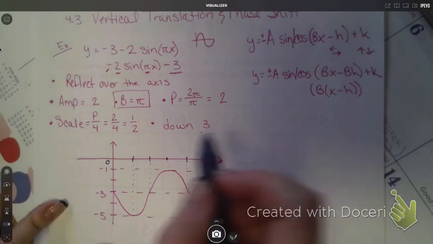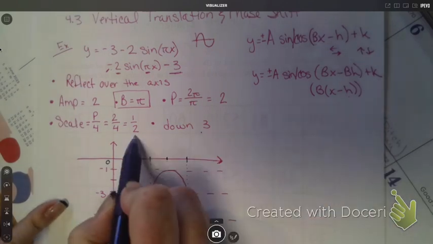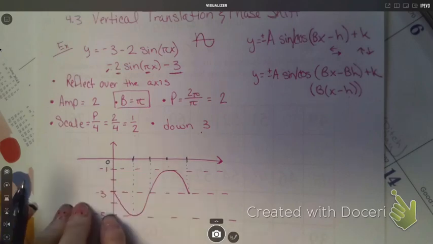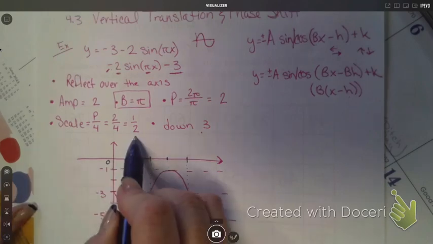Okay, so what is our scale? Half. So from wherever we start, and I'm going to say wherever we start because we are going to start moving this left and right also, we start adding a half.